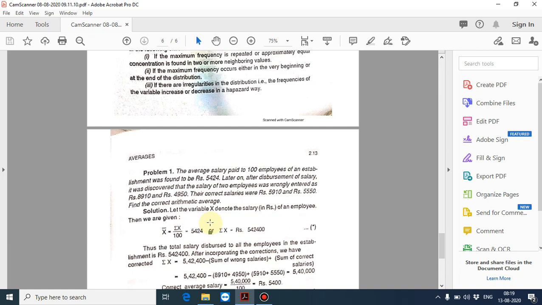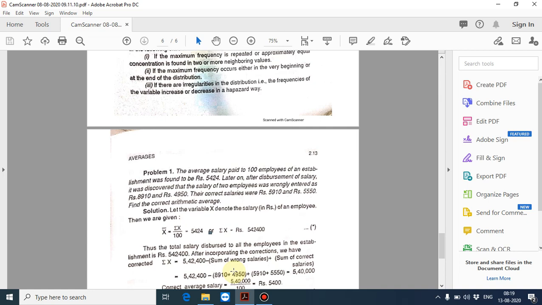summation x is equal to 542,400 minus the sum of the wrong salaries plus the sum of the correct salaries. The wrong salaries were 8,910 plus 4,950, and the correct salaries are 5,910 plus 5,550.